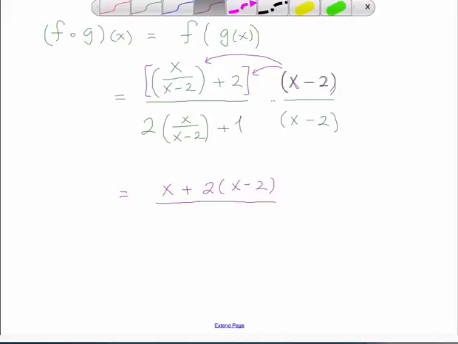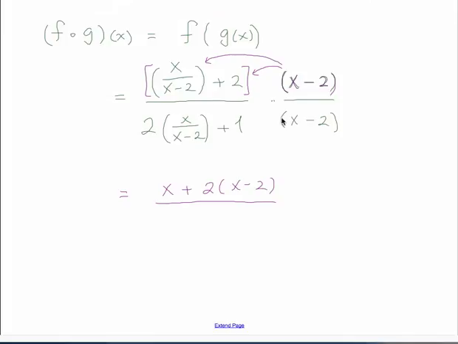I'm going to do the same thing to the denominator. This x minus 2 here is going to be distributed, so I'm going to multiply this to the first term and the second term. So here we get, well, 2x can just stay, 2x plus 1 times x minus 2. Okay?